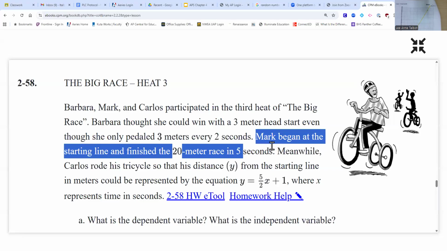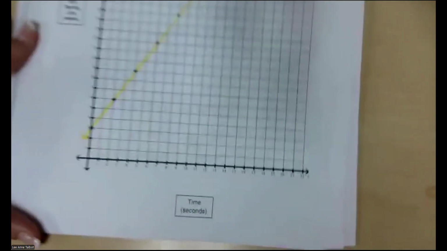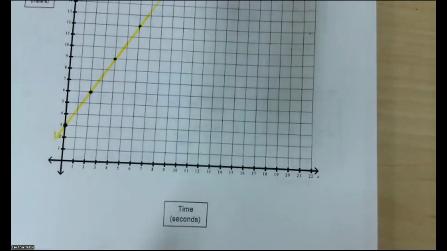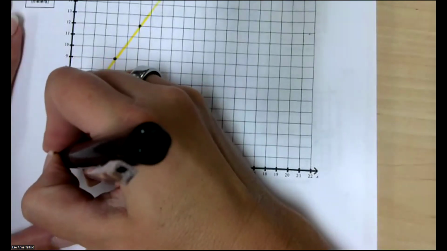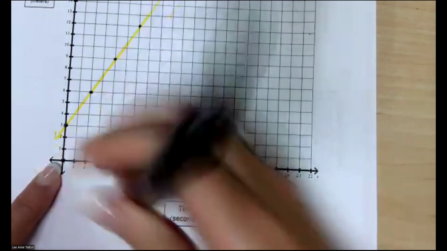Okay, Mark began at the starting line and finished the 20-meter race in 5 seconds. Dang, Mark. Okay, so Mark started at the starting line, so he's at the origin.